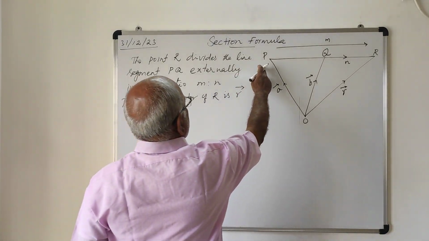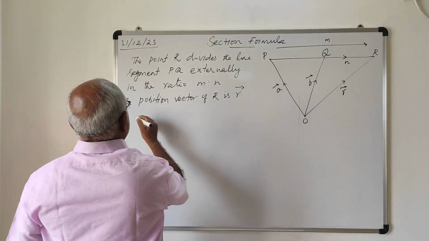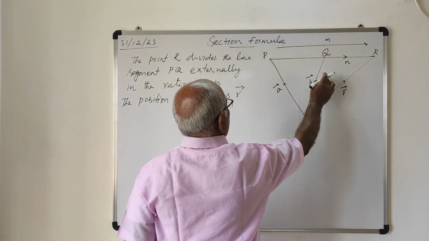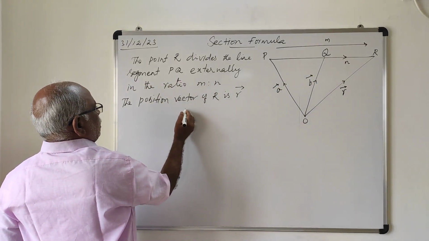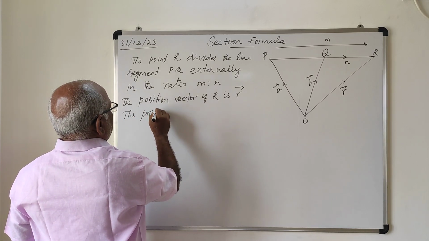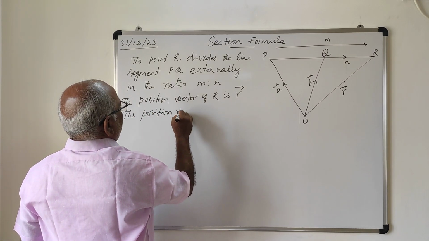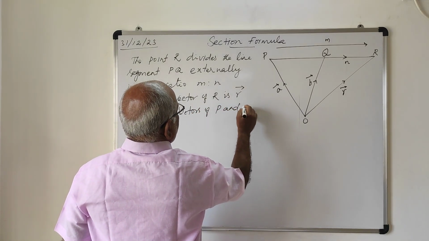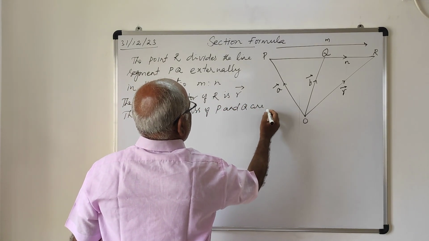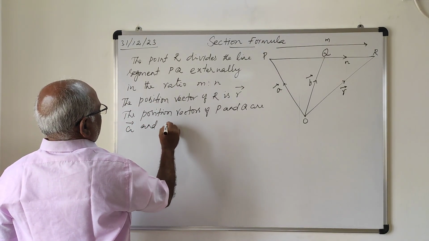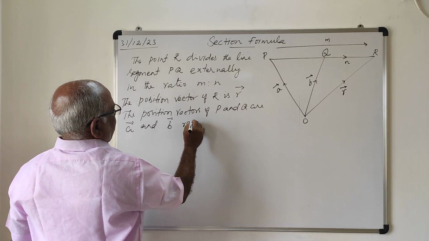Position vector of P is OP is A vector. The position vector of P is A vector, and the position vector of Q is B vector, you know. That is, the position vectors of P and Q are A and B respectively.